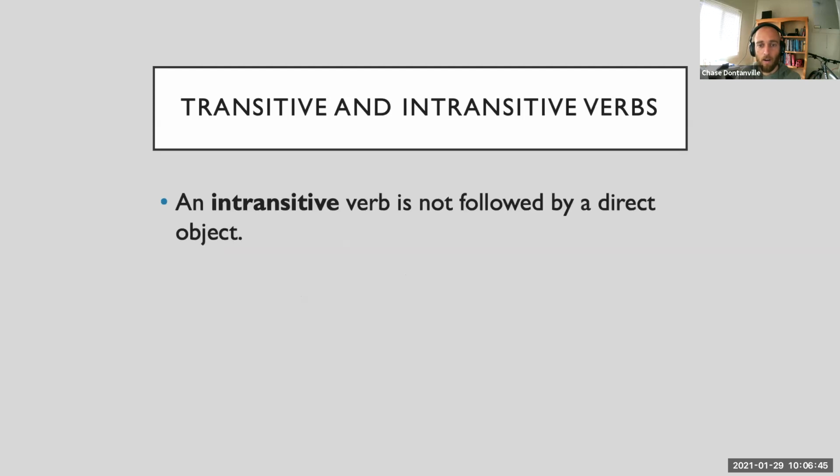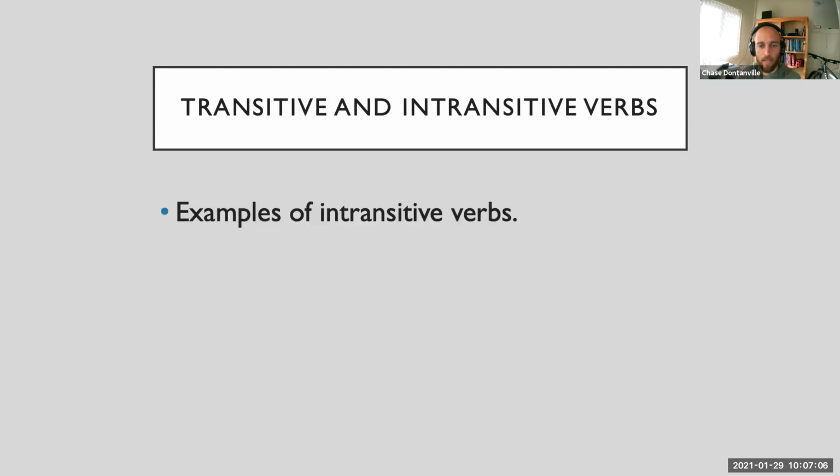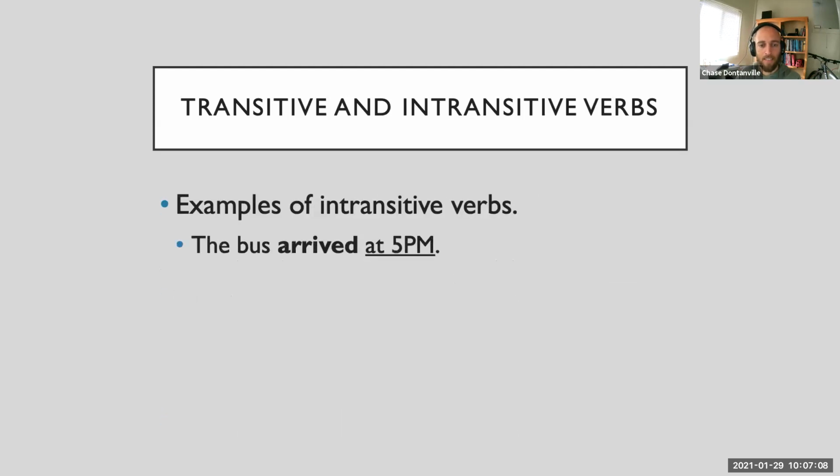Intransitive verbs are not followed by a direct object. They are usually followed by a prepositional phrase or an adverb. Okay, so the big difference is the direct object. Transitive verbs are followed by a direct object. Intransitive verbs are not. For example, the bus arrived at 5 p.m. So arrive is an intransitive verb.